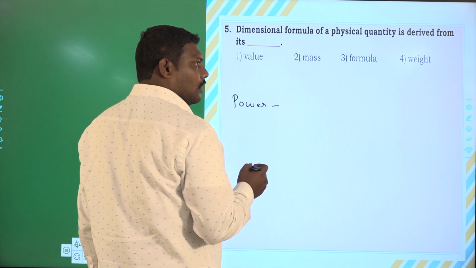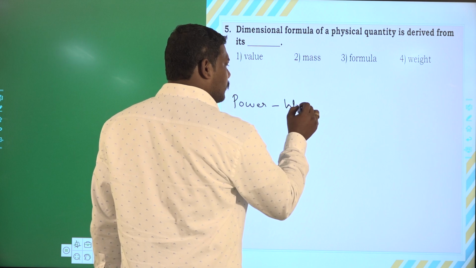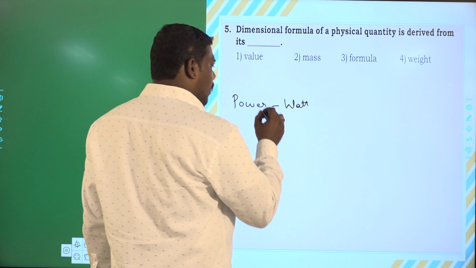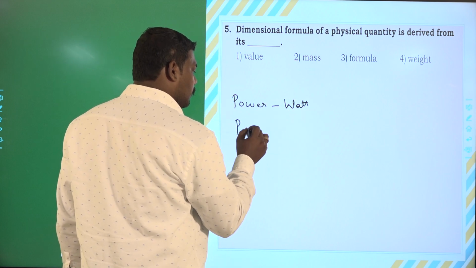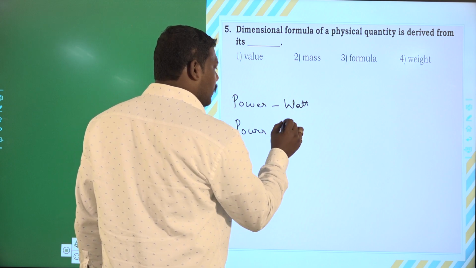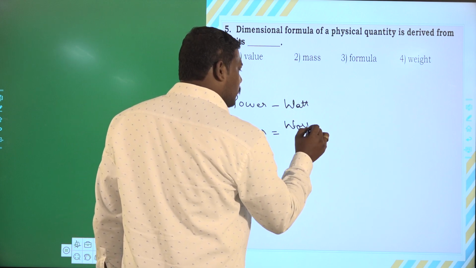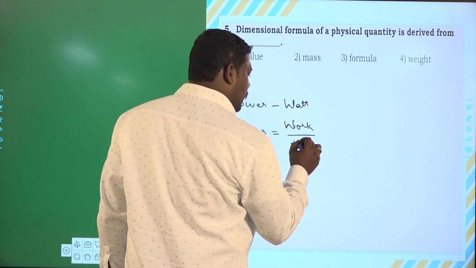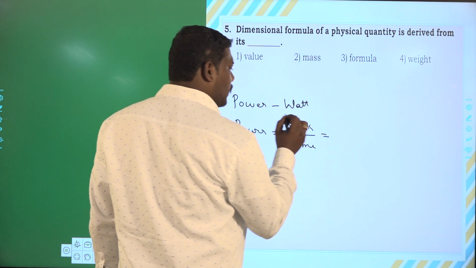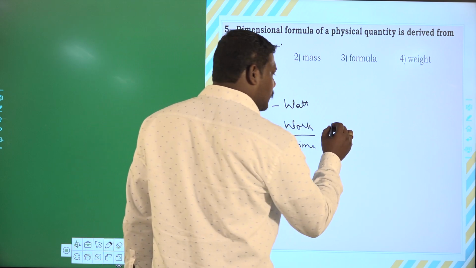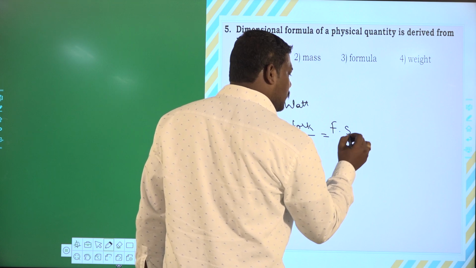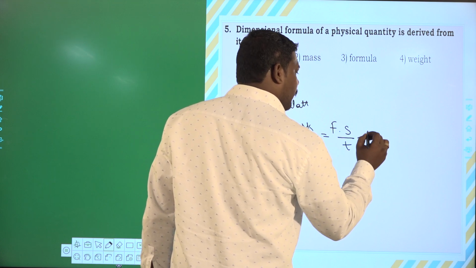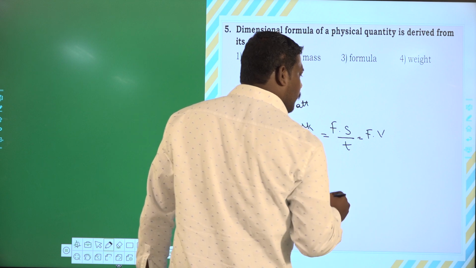Okay, watt. Now how do you get power? What is the formula for power? Work by time. Now what is work? Force into displacement. Force into displacement by time, which is force into velocity.